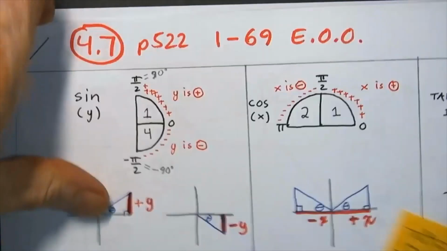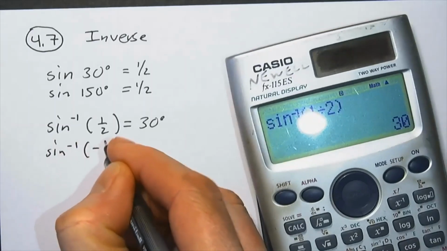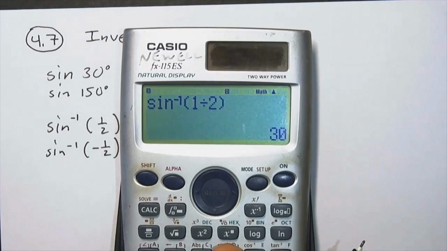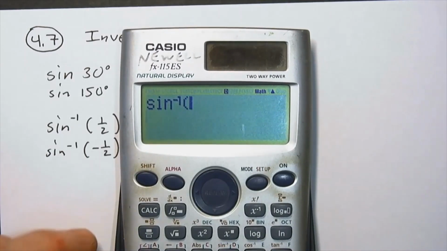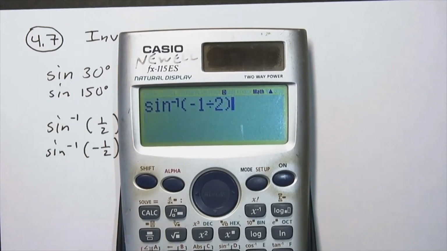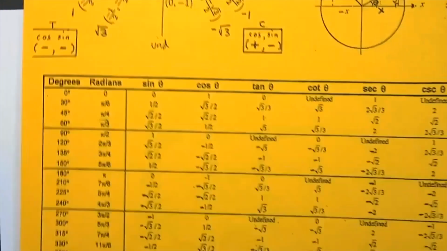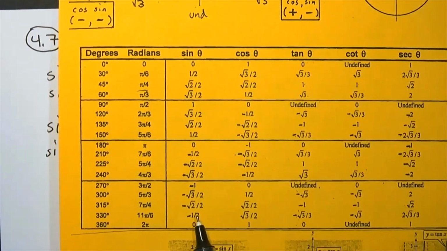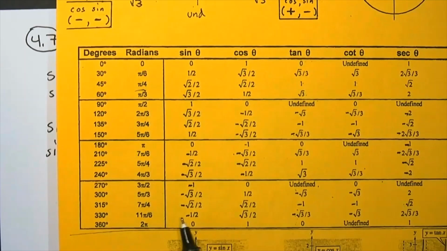So if I said -1/2, what angle is this? And that's my dog, because there's a mailman. -1 divided by 2. And so it's going to go -30. I could go way down here. There's -1/2. Well, 330. Why did it say -30?